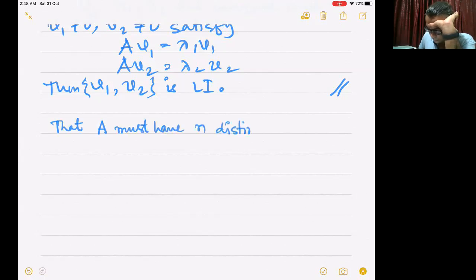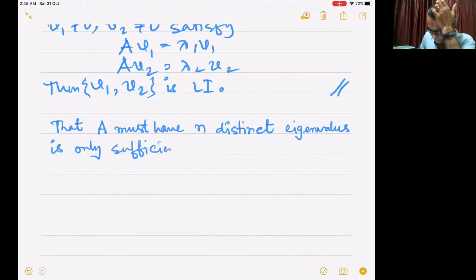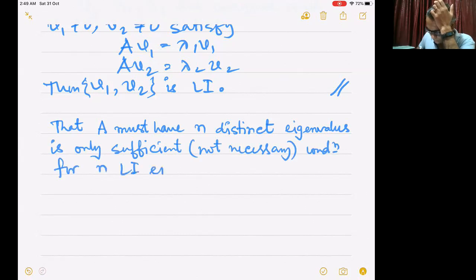Remember, this n is the size of the matrix A, or dimension of the vector space V. That A must have n distinct eigenvalues is only a sufficient, not necessary, condition for n linearly independent eigenvectors. Why is that so? That is very simple.